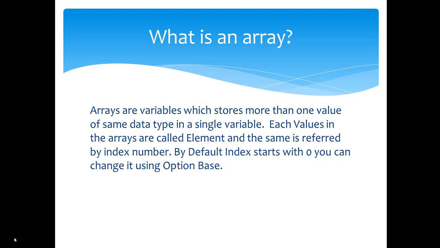So first of all, what is an array? Arrays are variables which store multiple values of the same data type in a single variable. As an array holds multiple values, each value in it is called an element, and each element of an array is referred to by an index number.